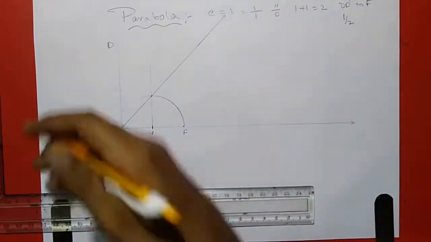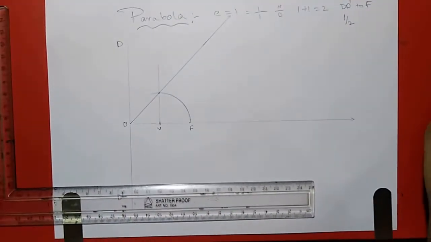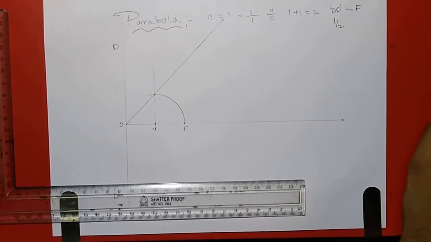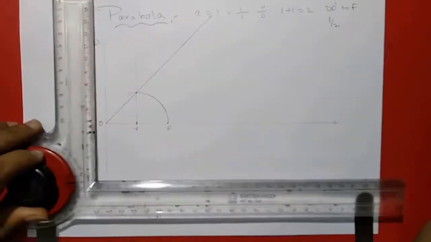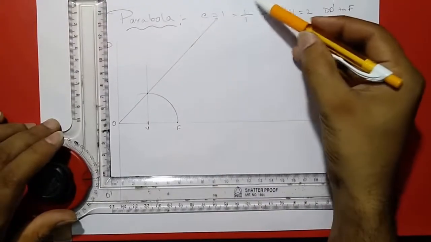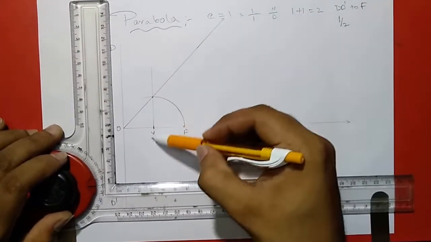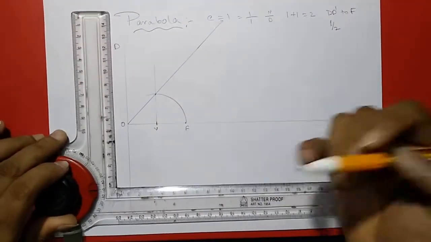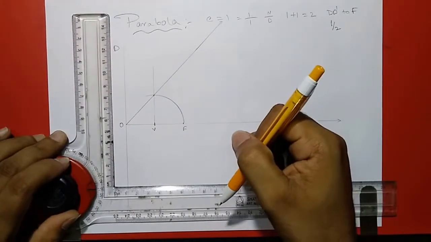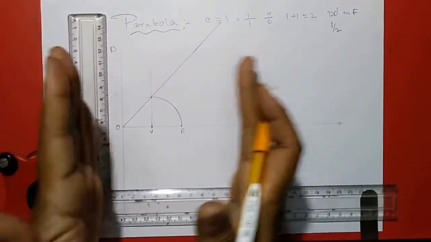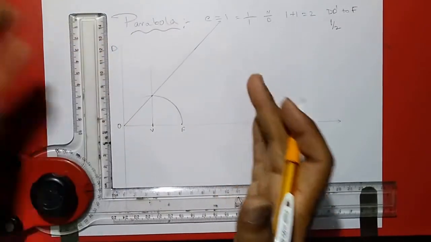And we have to keep in mind that the ellipse is a closed curve, and the parabola and hyperbola are open curves. So we can construct up to a long distance, or else a very short distance also. We can complete our parabola or hyperbola in a very short distance, and in this span we can cover our curve.